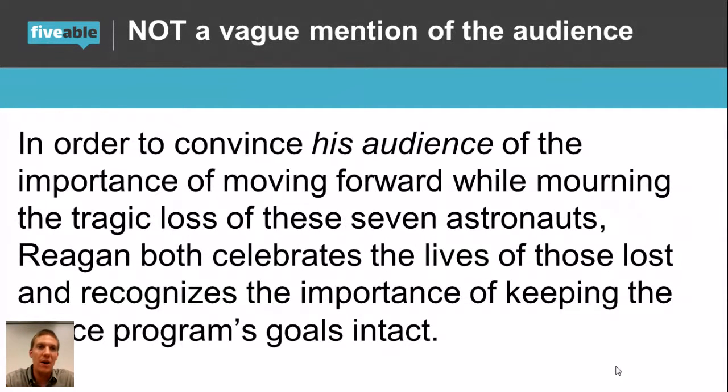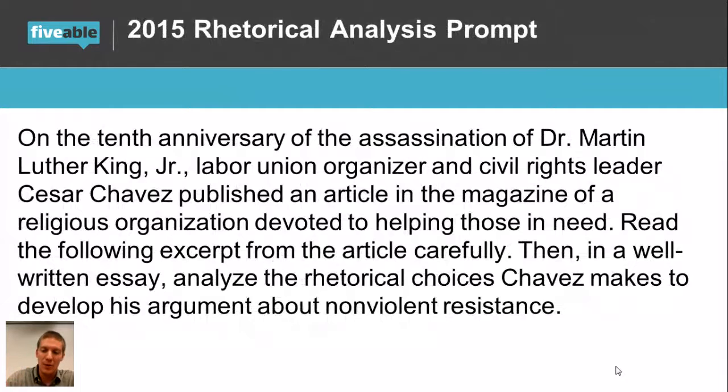Don't just vaguely say "his audience" in "in order to convince his audience of the importance of moving forward." I've got the purpose statement there, but again, my question, if I was sitting next to you, would be, okay, who's his audience? Tell me that in the writing. That's an easy fix. This is a very common thing that we see: vague statements in purpose or vague statements in audience. Easy fixes to make a perfect thesis statement here.